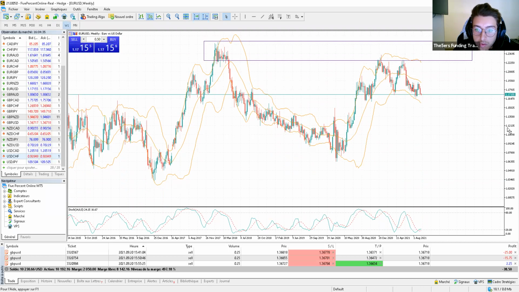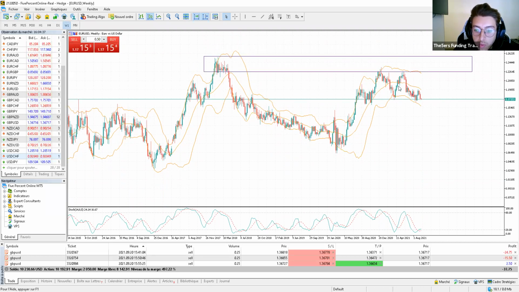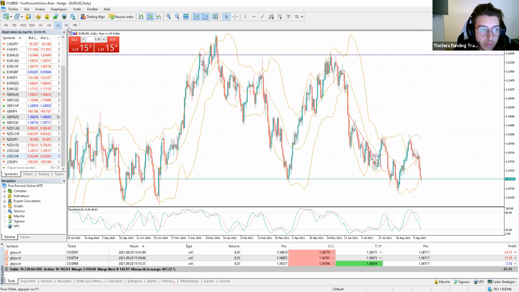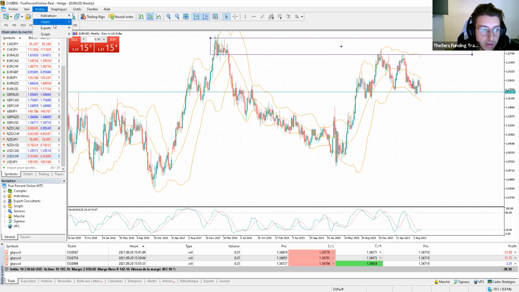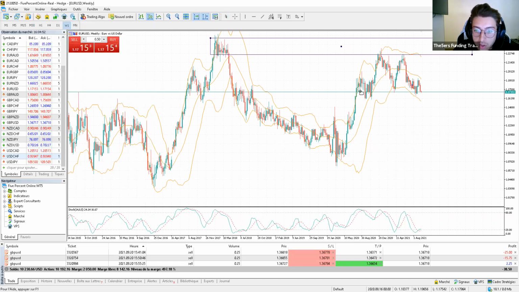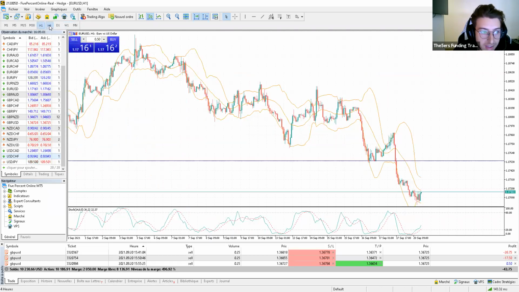Okay, so on the weekly, we reached a weekly resistance that we rejected 2 times. And here on the weekly as well, you can check this kind of demand. Actually, we are entering a demand zone, a weekly demand zone. So let's check what can happen.